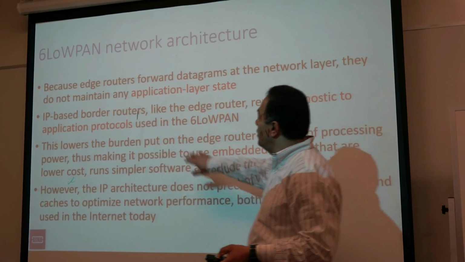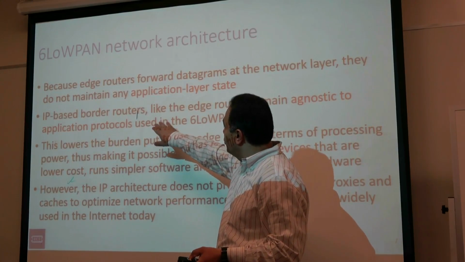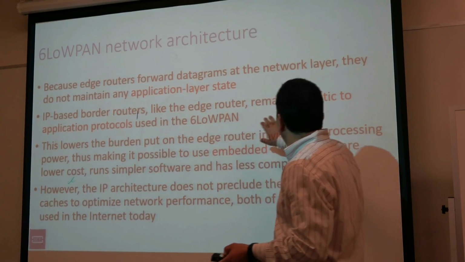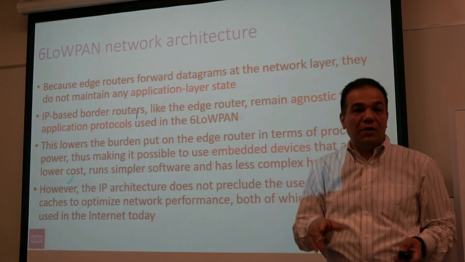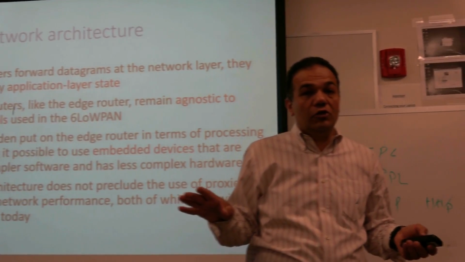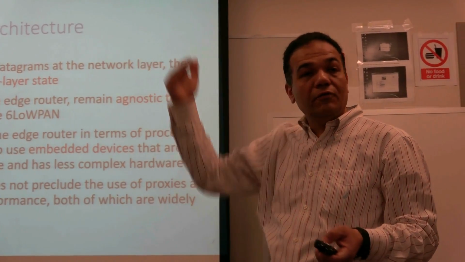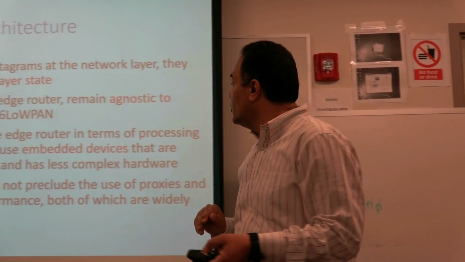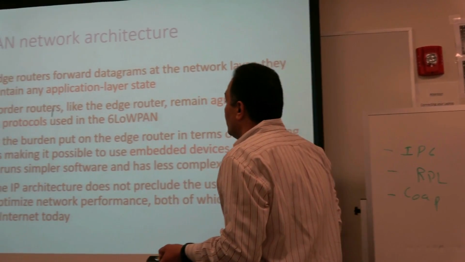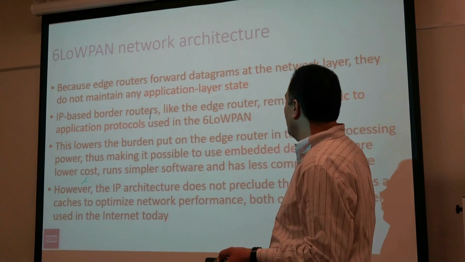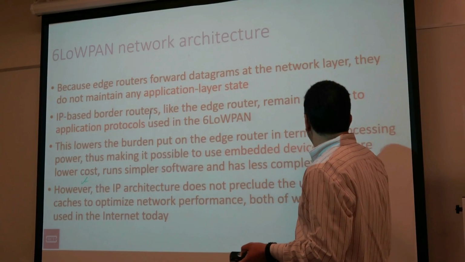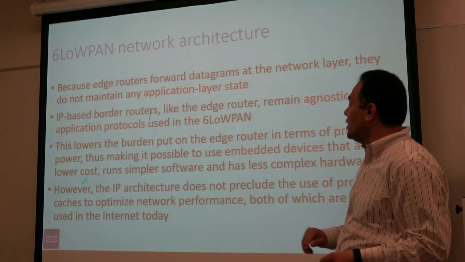So the IP-based border routers, like the edge router, remain agnostic to the application protocol. Agnostic means they don't care what kind of application is used there. All right? Data comes from the top, regardless of what application, it does not make a difference. So this lowers the burden put on the edge router in terms of processing power.